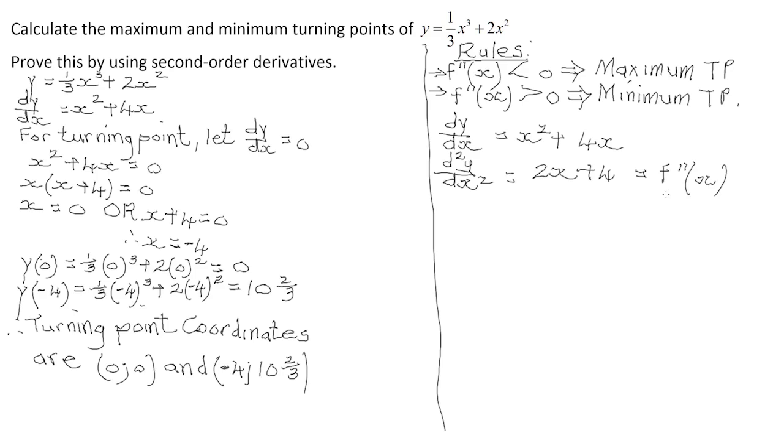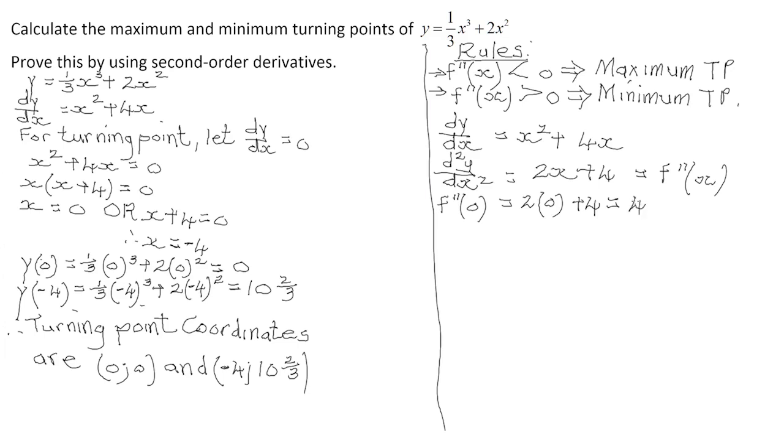Now, we're going to use these critical points. We're going to first substitute our x value with 0, and then we see in which category it falls. So in other words, my second derivative when x is 0, it's going to be 2(0) plus 4, and you can clearly see the answer is 4.